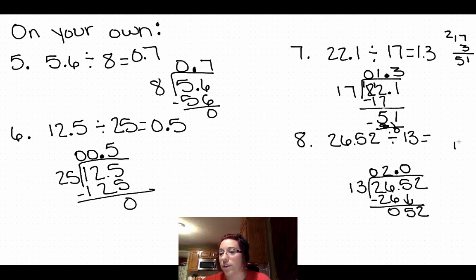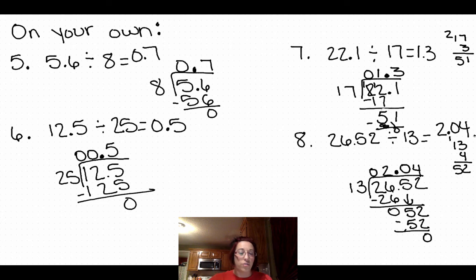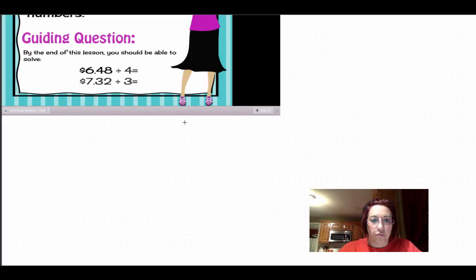I'm going to have to do some guessing and checking. 5 would be too many times. Guessing 4, maybe. There we go. So we get 2 and 4/100 as our answer there.